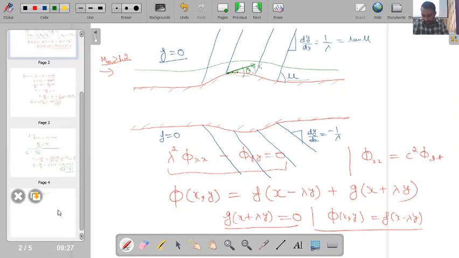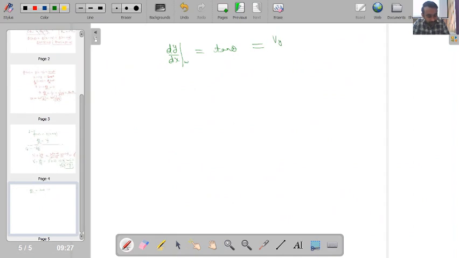So tan theta will be Vy dash upon V infinity plus Vx dash. This is from the previous lecture. So from the geometric conditions at the wall, we will get this particular one.